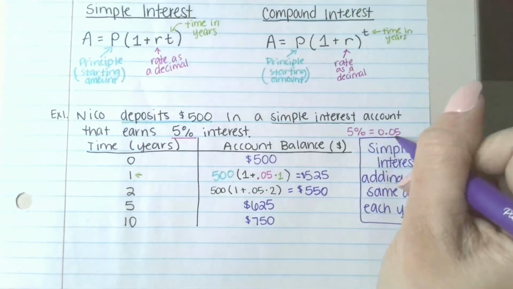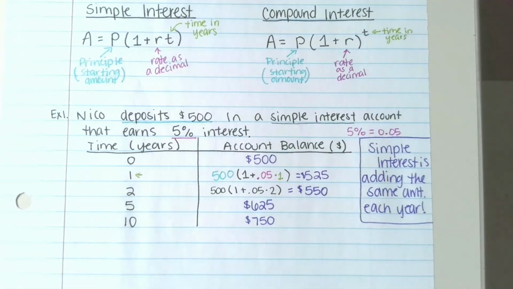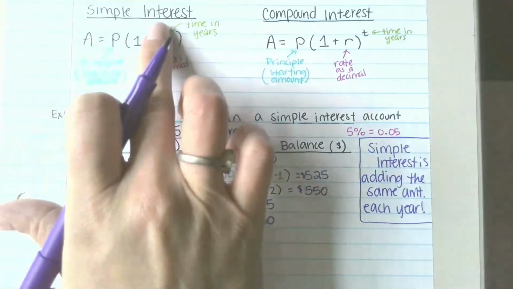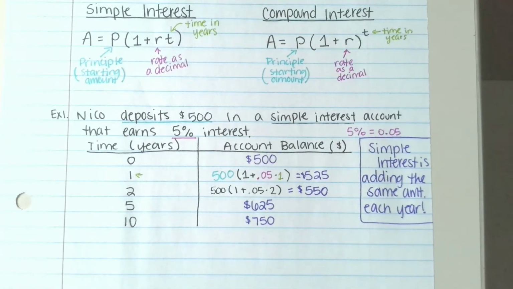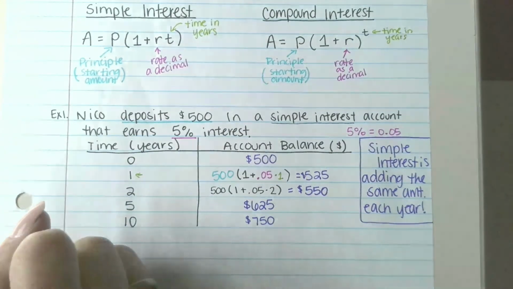So simple interest is linear, which hopefully you could have noticed from the formula. Okay, let's look at a compound interest example.